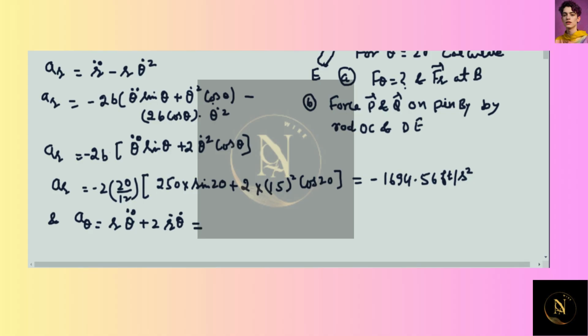Substituting the value, 2b cos of theta theta double dot plus 2 minus 2b theta dot sine of theta into theta dot is equal to 2b theta double dot cos of theta.